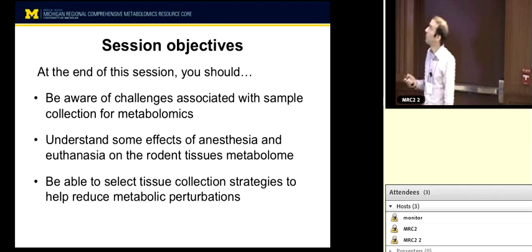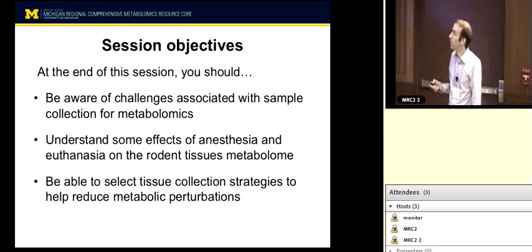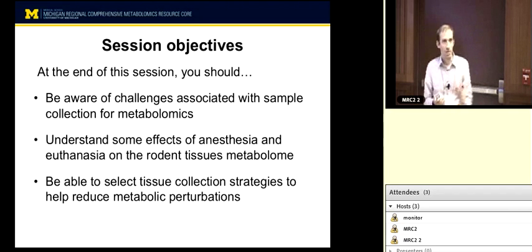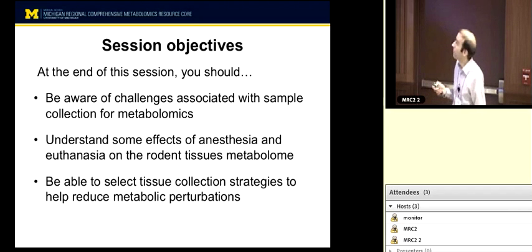So, metabolomics of tissues and organs. Why is metabolomics of tissues important? Biofluids, blood, urine, CSF, things like that are great because they represent an average metabolic state of the organism, and they're a great place to start when you're doing a study. They're readily accessible. It's easy to get blood, minimally invasive, easy to handle, but it's difficult to pinpoint the source of the metabolic perturbation that you're studying.